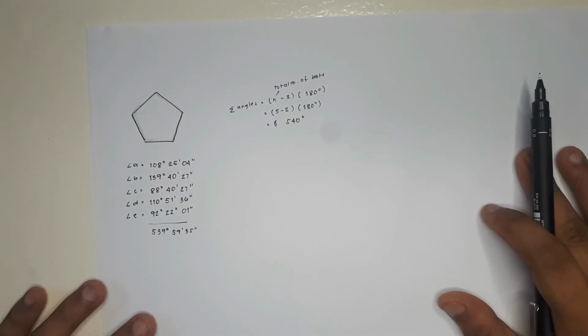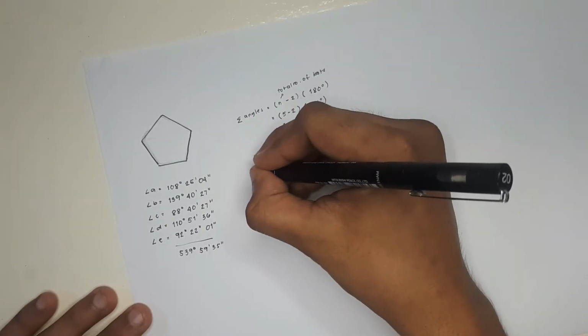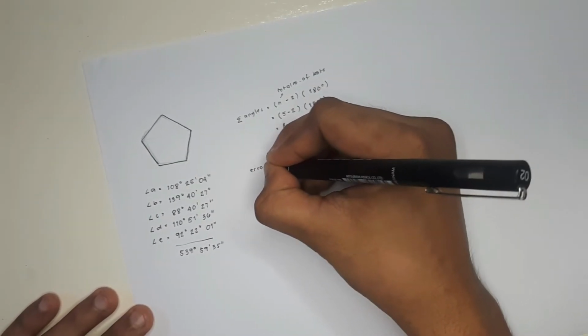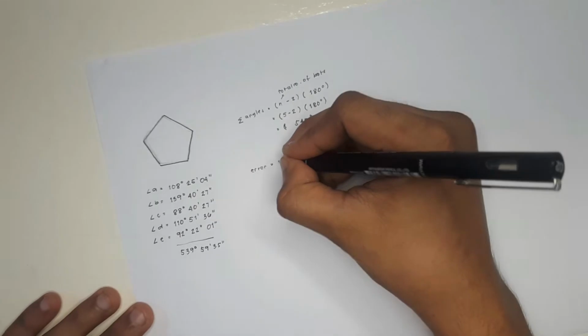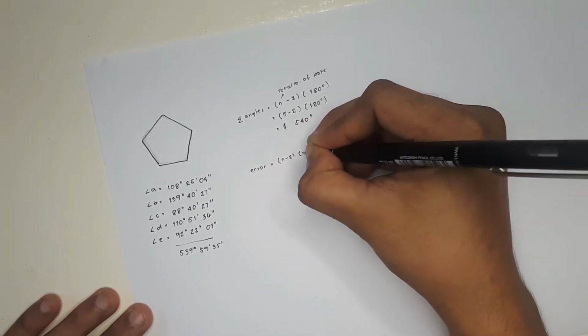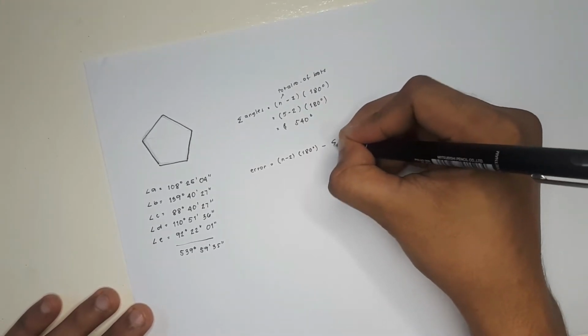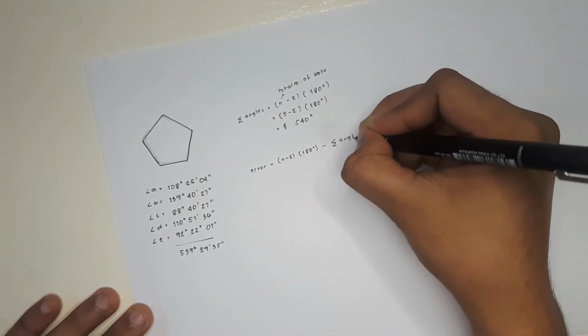To balance our polygon, we need first to determine our error. How do we determine our error? Error is equal to the total degrees minus the summation of all angles.